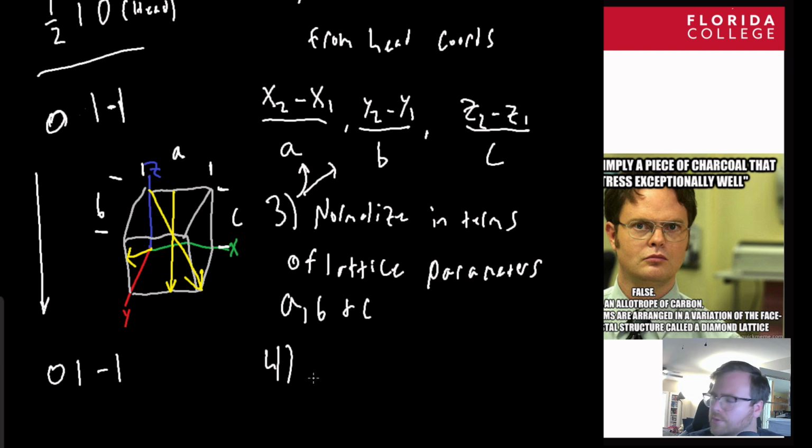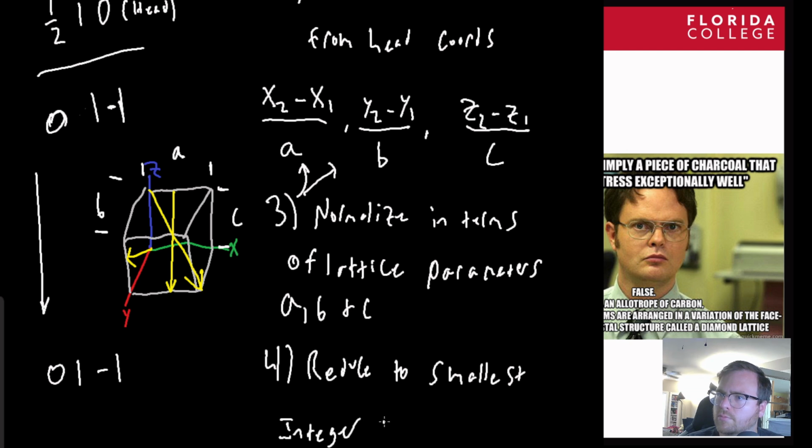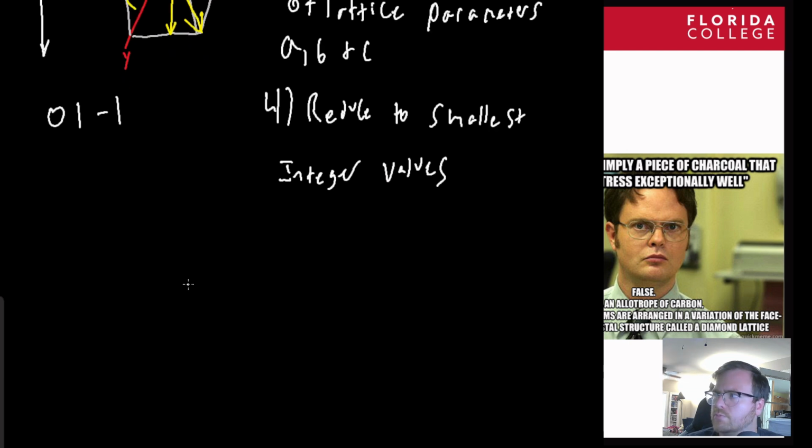Now we reduce to smallest integer values. What's the smallest integer values of those? Well, 0, 1, and negative 1. So we're fine there. And then finally, 5 is we enclose in brackets.